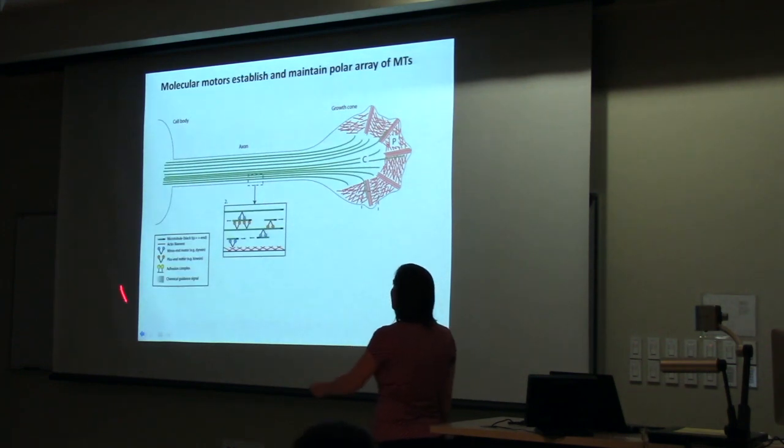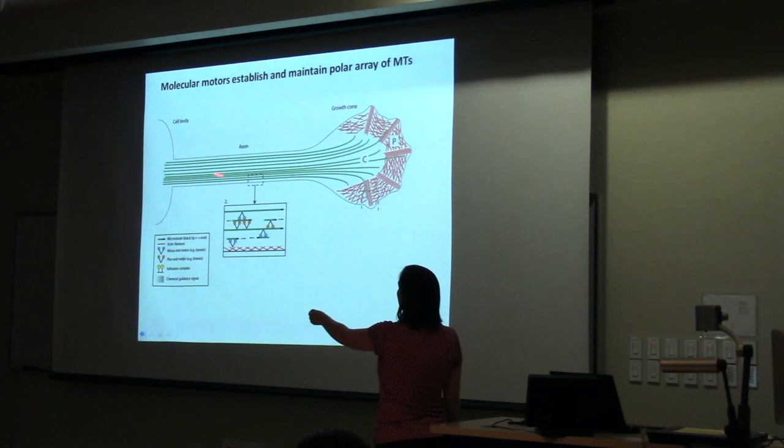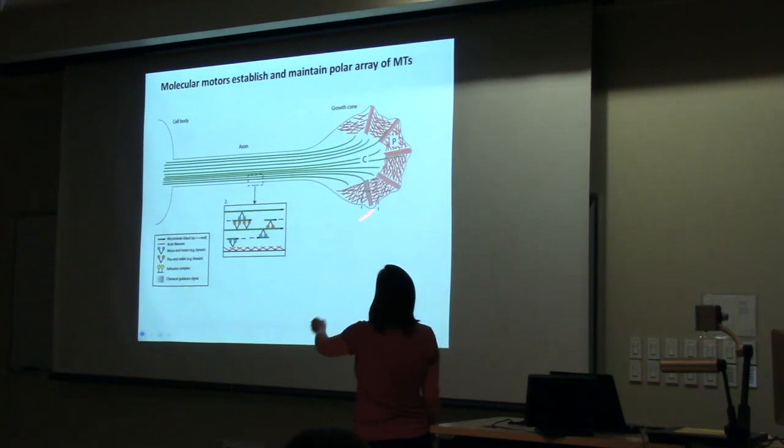And as it happens, molecular motors are also involved in building this road. They carry very small pieces of microtubule along the already established bundle and incorporate these small pieces into the bundle. So they play an essential role in establishing and maintaining a polarized microtubule bundle.